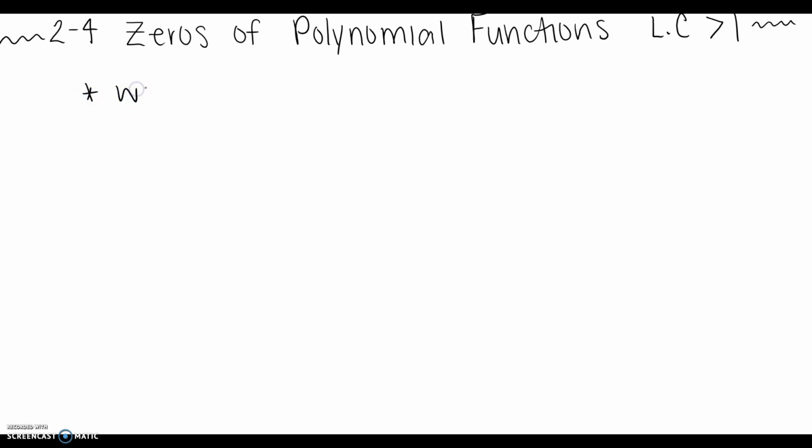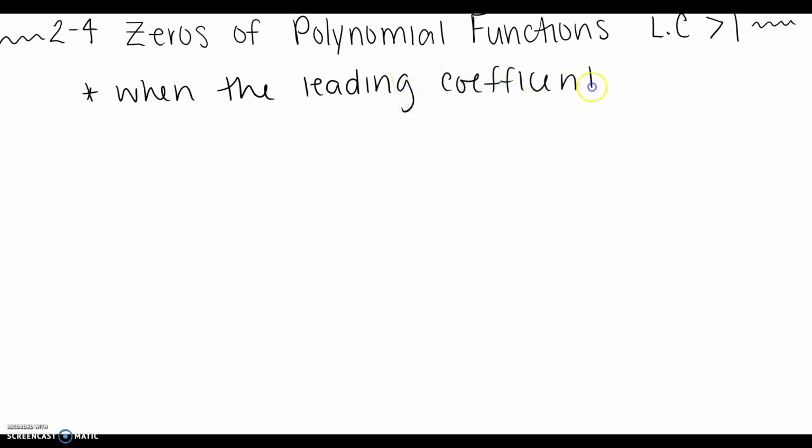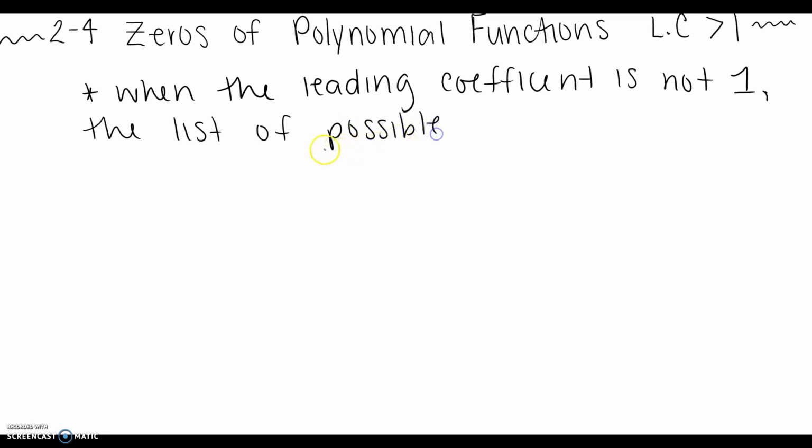So when the leading coefficient is not 1, the list of possible rational zeros can increase significantly.